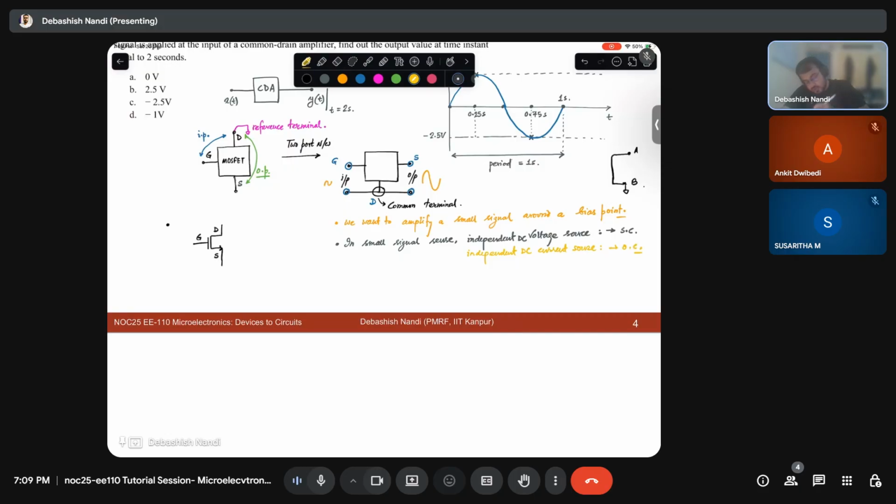Okay. So if that is the case, for this analysis we can assume that my drain is grounded, because drain is my reference terminal or common terminal, and your input is applied to this terminal. Let's say this is your V in, and output is taken out at this terminal.